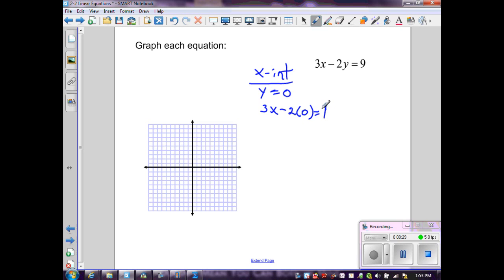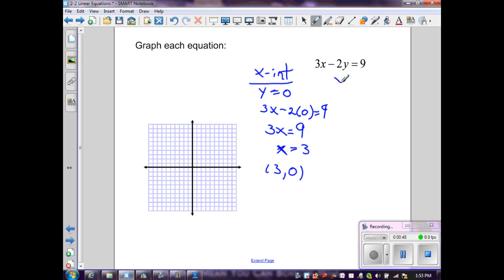Therefore, when I simplify, that's going to give me 3x equals 9. X, when I solve, is going to equal 3. That gives me an ordered pair of 3, 0.